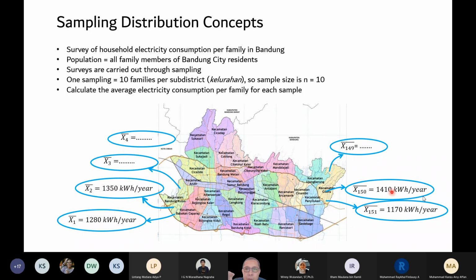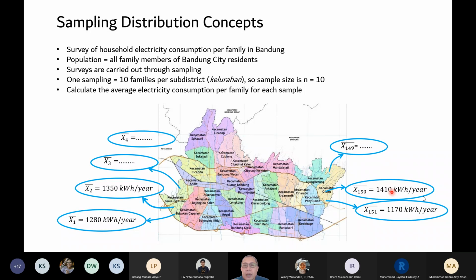And what do we do with the 151 samples? When we say samples, we do not refer to the 10 households. We refer to the 151 kelurahan. In each kelurahan, we take the data from 10 households and calculate their average annual electricity consumption.